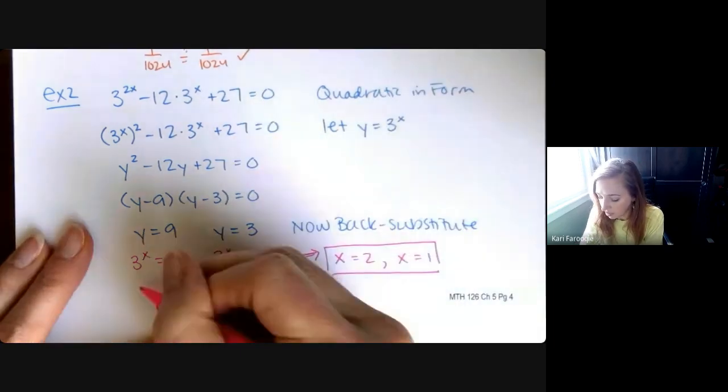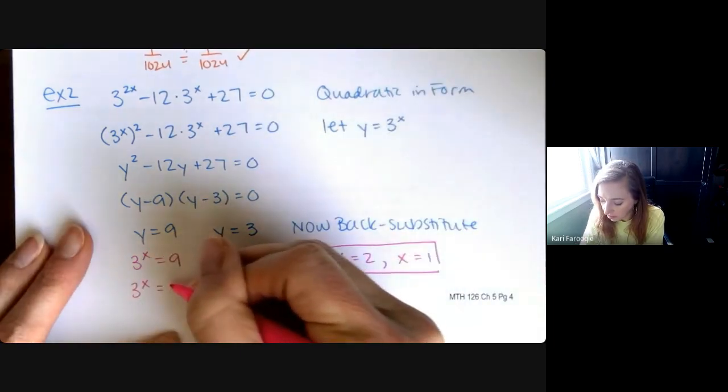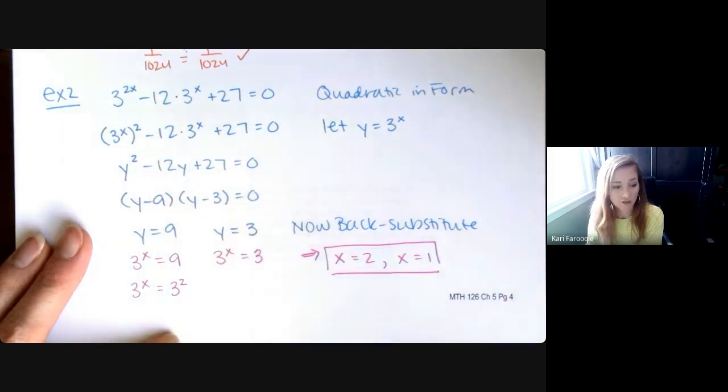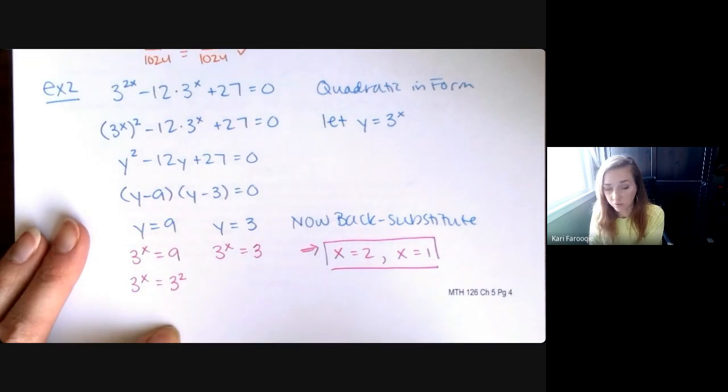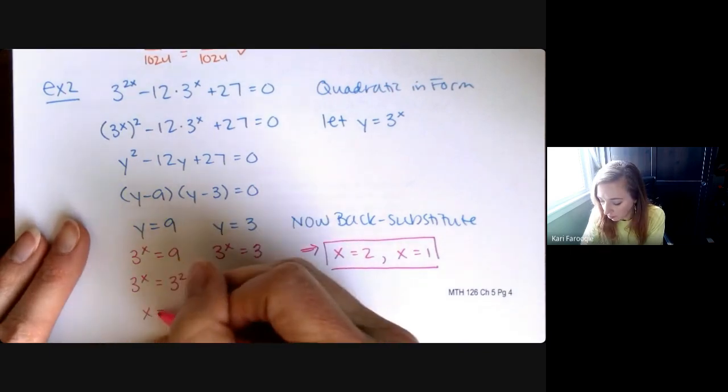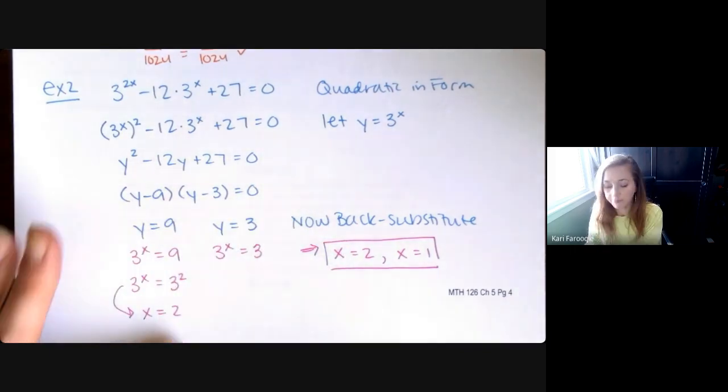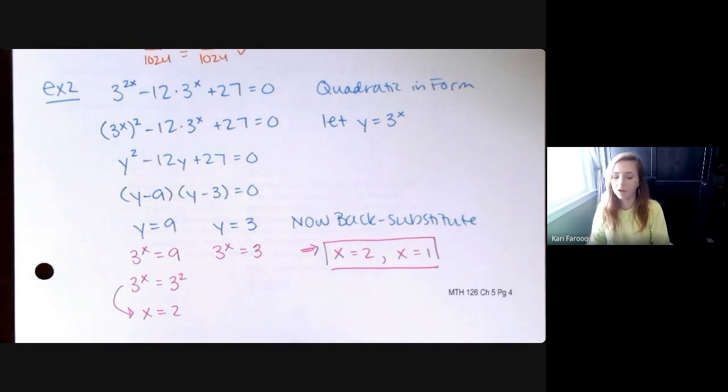But technically you could just get the same base on both sides, just like we did in example 1, and equate the exponents. Like that. But if you feel like you can eyeball it, then eyeball it.